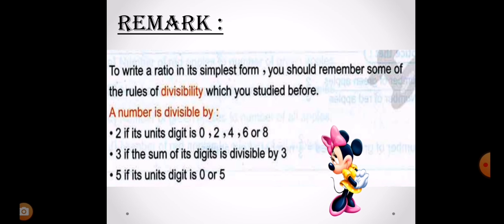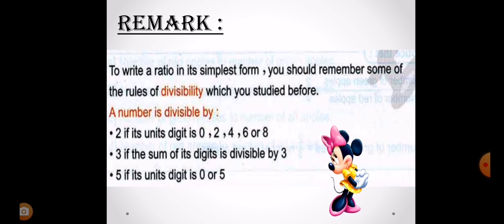Remark. To write a ratio in its simplest form, you should remember some rules of divisibility which you studied before. To simplify the ratio, I must remember what we took in Primary 3 and Primary 4. When I have even numbers, I can simplify by dividing by 2.